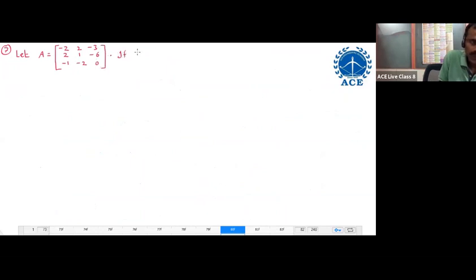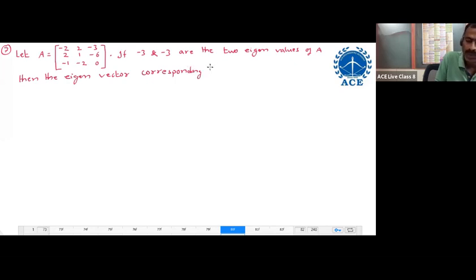If -3 and -3 are the two eigenvalues of A, then the eigenvector corresponding to the third eigenvalue is: option A, (1, 2, 1) power t.